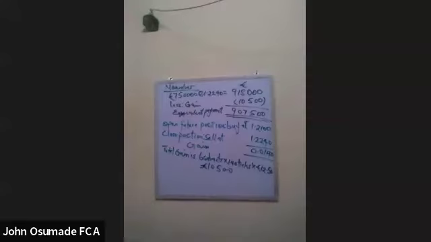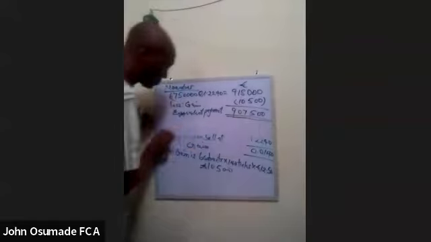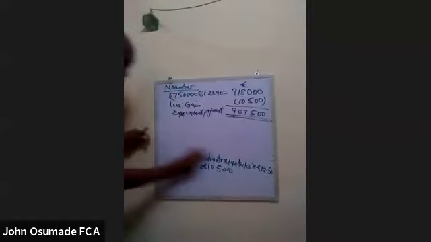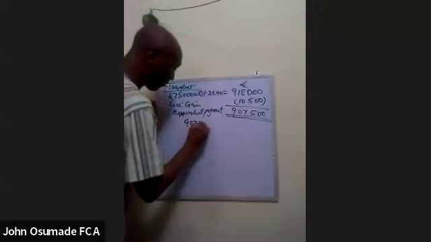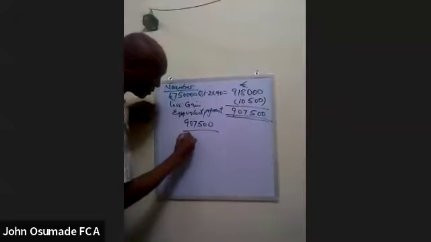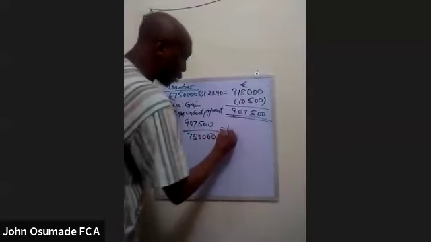Yes, there's no basis, because 907,500 divided by 750,000 euro will give us 1.2100.